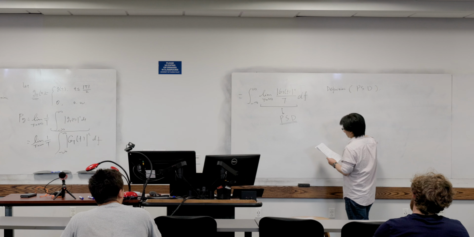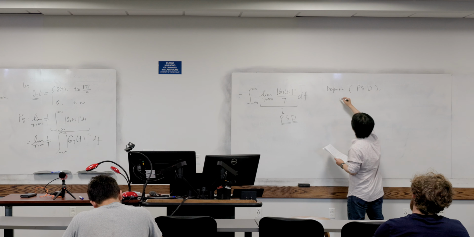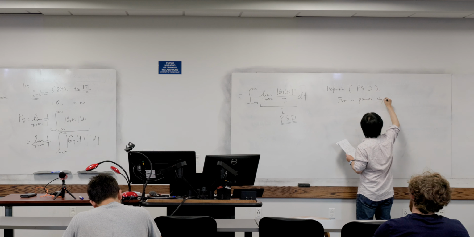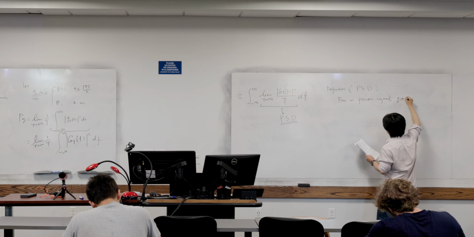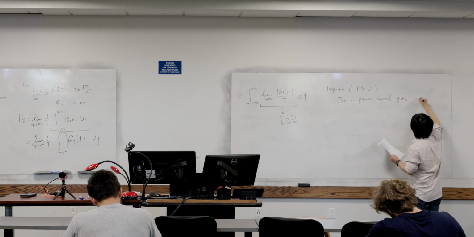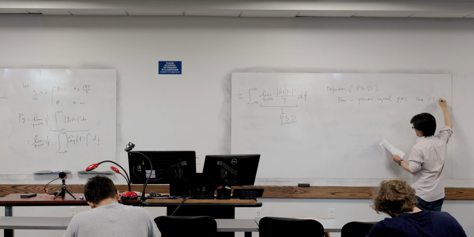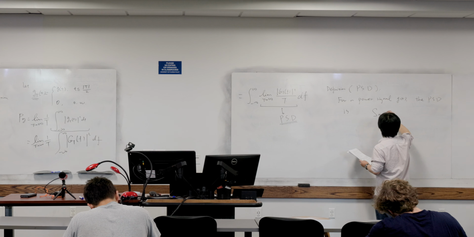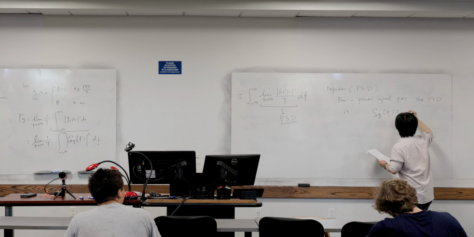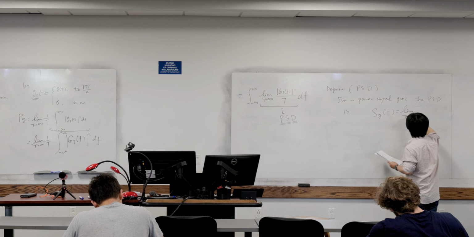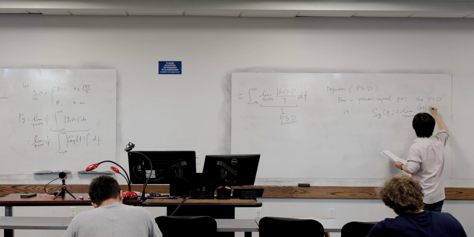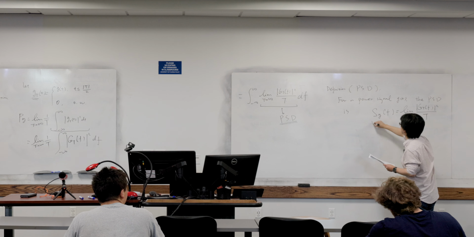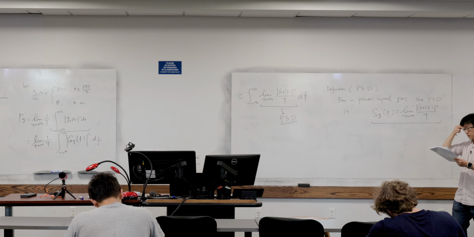For a power signal g(t), the power spectral density, denoted S_G(f), is the limit as T goes to infinity of the magnitude squared of G_T(f) over T. That's the definition of the power spectral density.